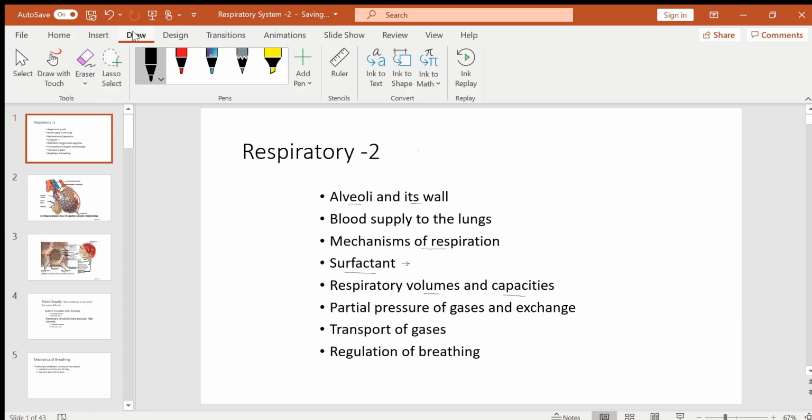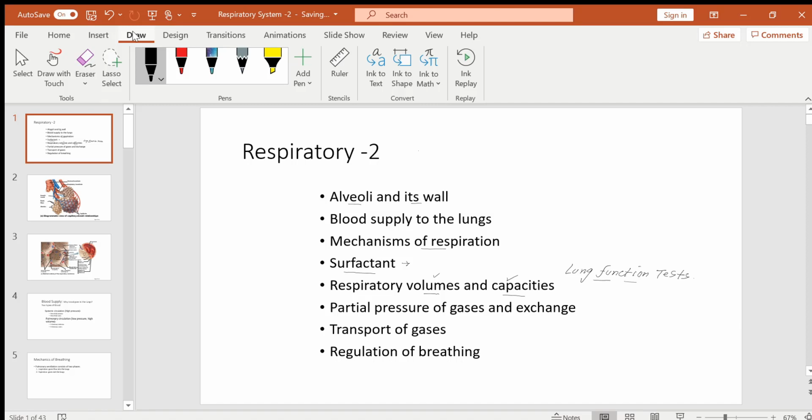We measure the respiratory volumes and capacities to measure the lung function. So these two measurements are called the lung function tests. Okay.